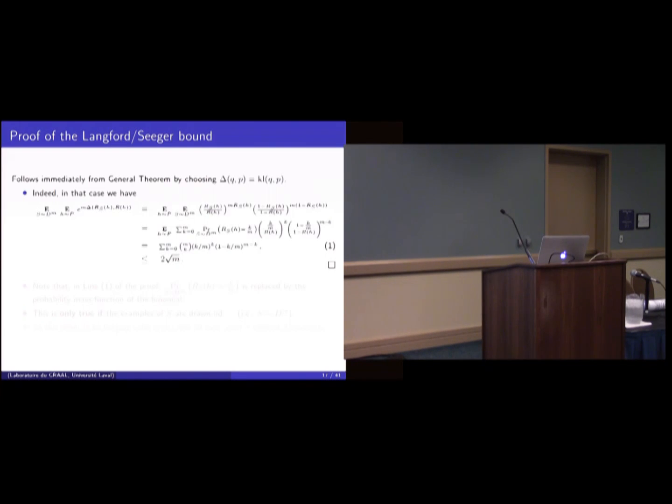You are stuck with the true risk here, but what you can see here is that the empirical risk follows a binomial law.